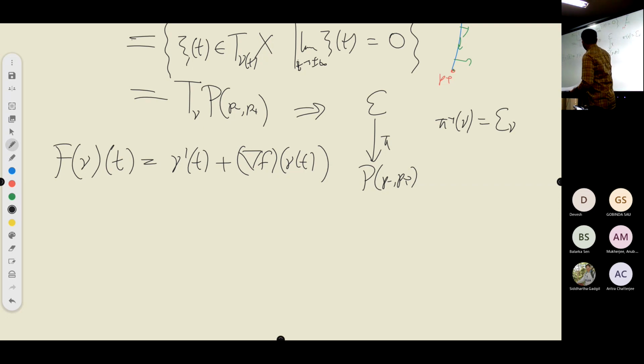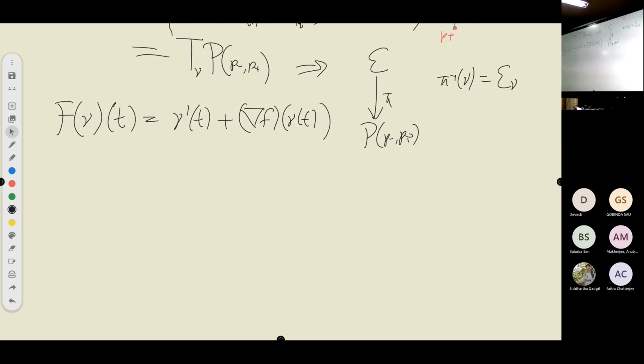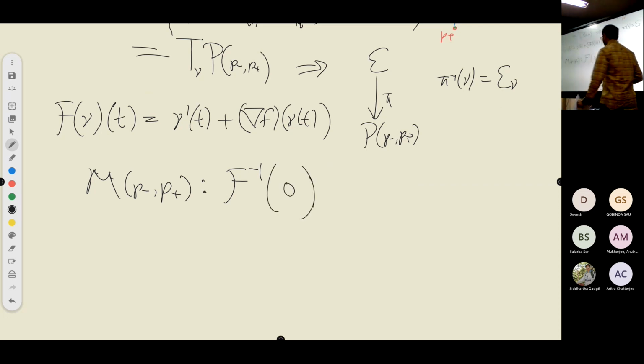This is just because it's the derivative, and this is also basically by definition. So now this defines a section of E over P. So this defines the section F, and our moduli space by definition is the zero set of F.